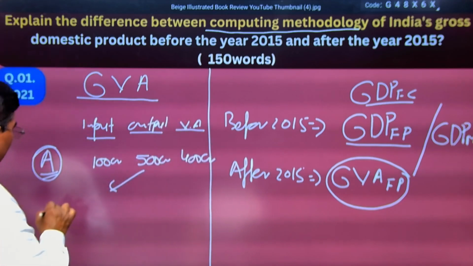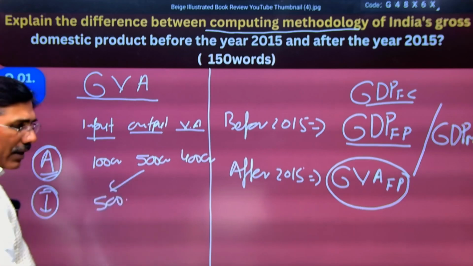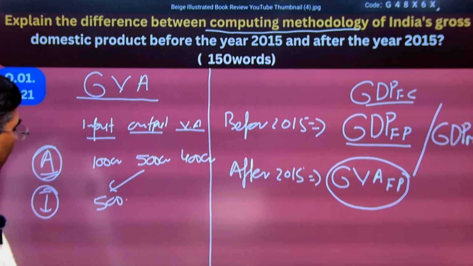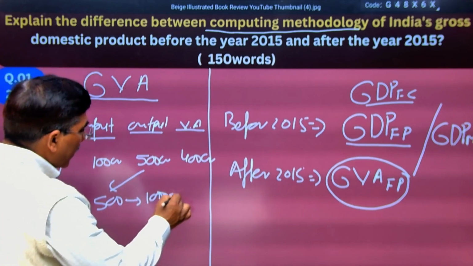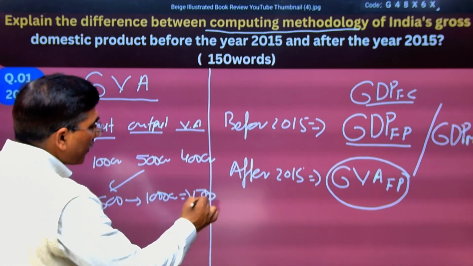Suppose this output is sold to the secondary sector, industry, and industry purchases different kinds of agriculture produce like sugarcane, wheat, rice, etc. After processing, it sells for say 1000 crore rupees, then the value addition by the industry will be 500 crore.